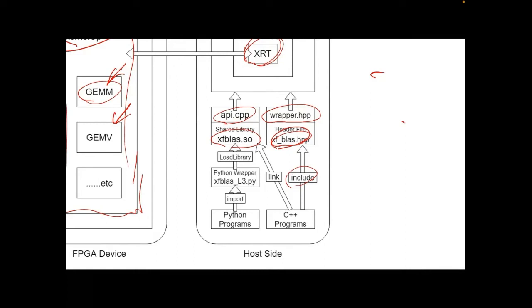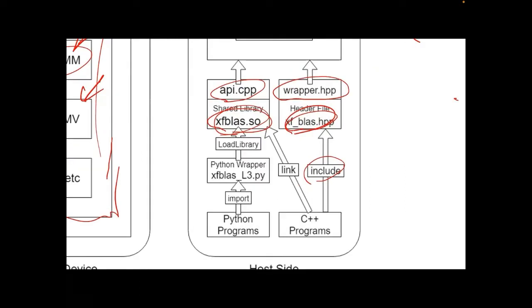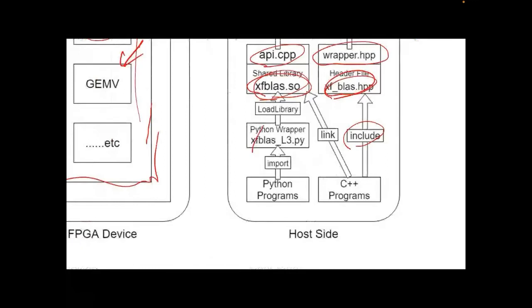Also, the shared library can be linked by a C++ program, or you can use the load library function to load the entire library in the Python Wrapper class. The Python Wrapper class defines the protocol between the Python functions and the DLL library. So you can just import typeflux L3 in your Python program.